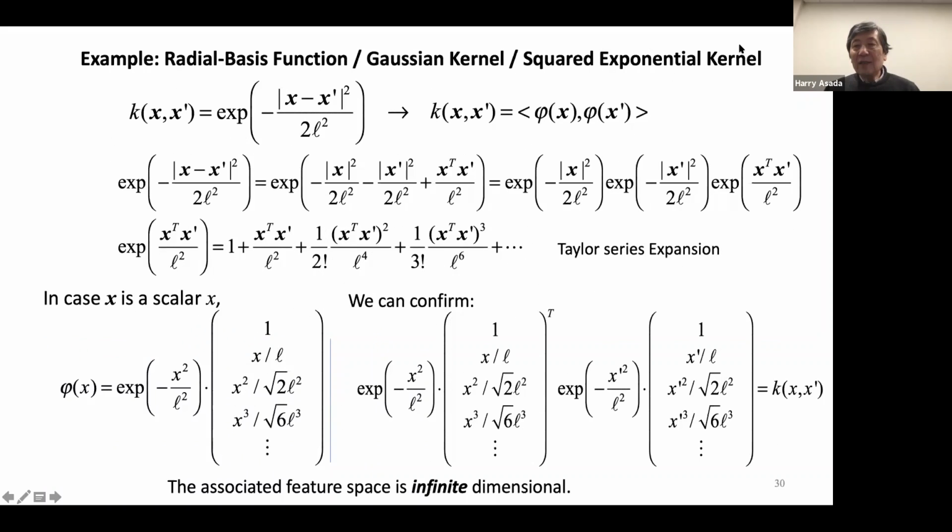So let me take a quick example. This is the case of radial basis functions. As I said, the radial basis function is one of the kernel functions. And obviously this particular one has symmetric properties, right? Even if you swap these two, you get the same thing. So symmetry is no problem.